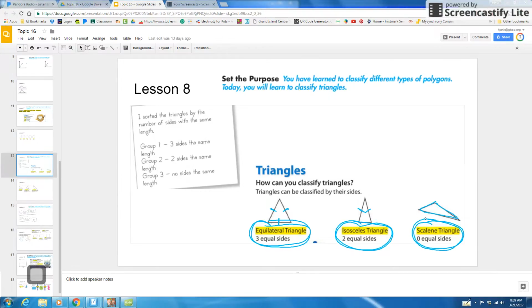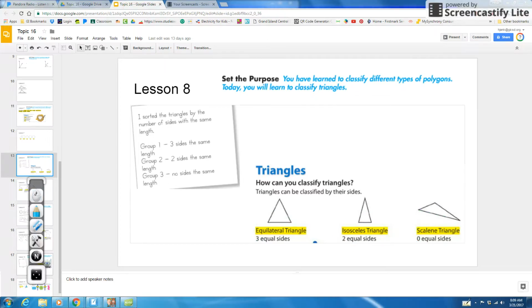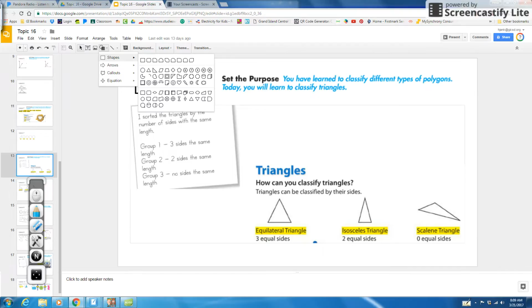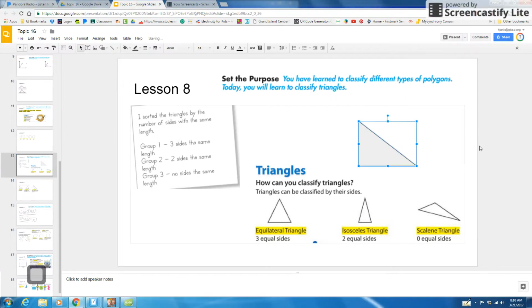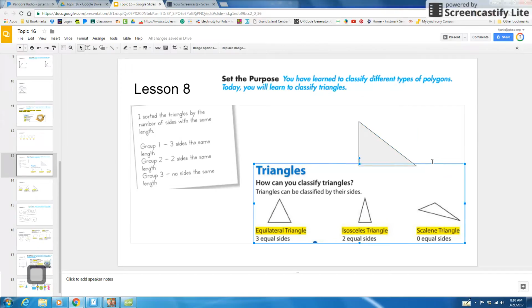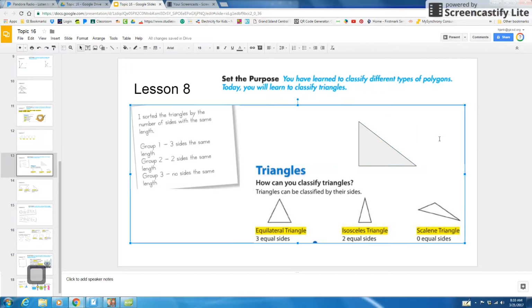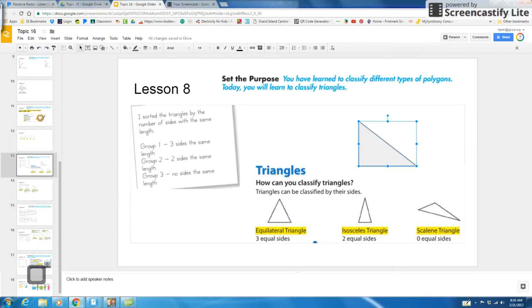Okay. So if I was to draw a triangle right now, let's see if you can name it. Let's see if you can name that triangle that I just put on the screen.